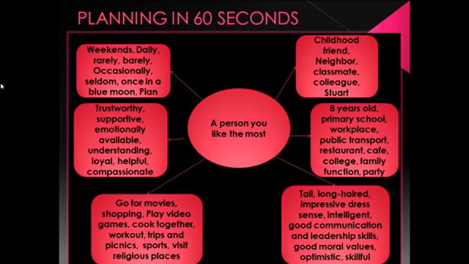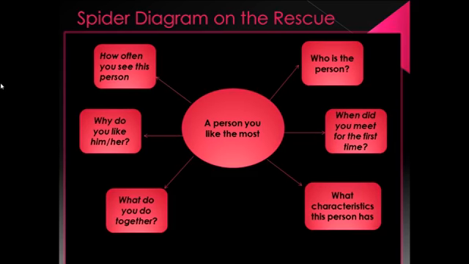And after mentioning who the person is, you must mention the name of the person. Here I have mentioned Stuart. So this is the way you have answered the first bullet point of your cue card, which is who the person is.